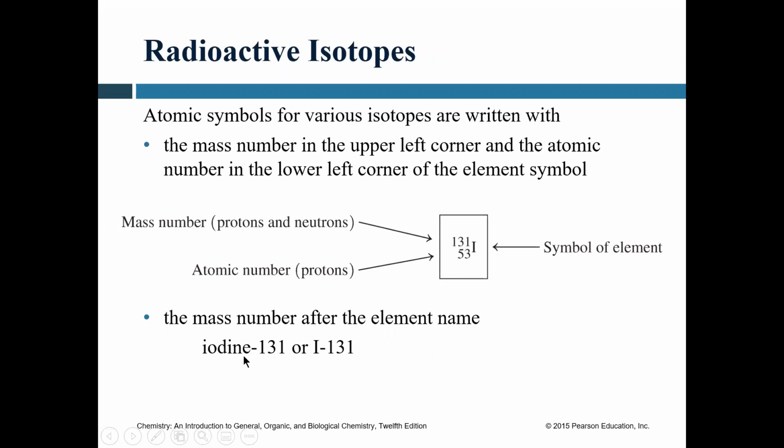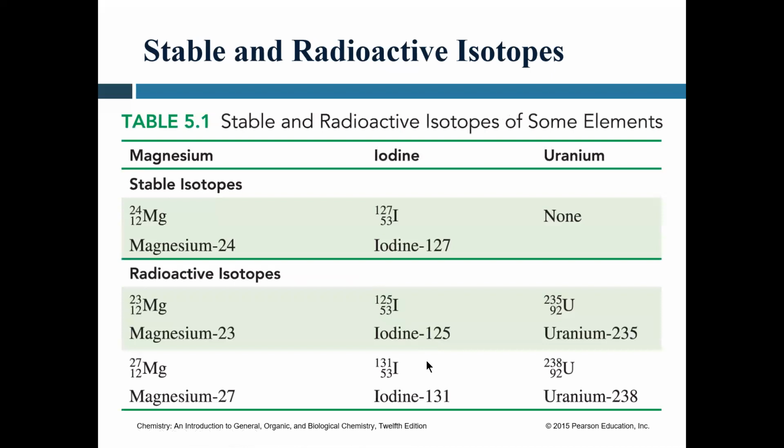Sometimes they write it as iodine dash 131, or they'll write it as the symbol I with the 131 after it. Okay, so just a couple different ways we can see this. Here are some more ways that we can see things. This is looking at stable isotopes versus radioactive isotopes, and also some ways that they can be written.